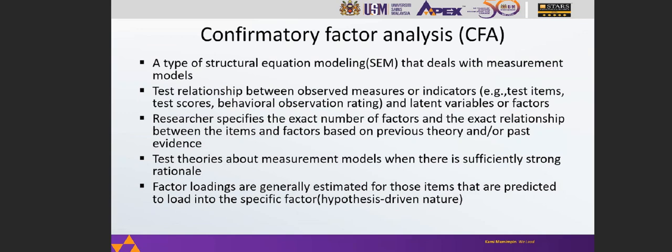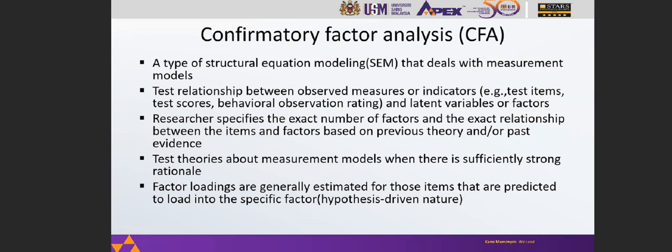So in CFA, we have to specify the number of factors before we do the analysis. In EFA, we conduct without knowing how many factors or which variable belongs to which construct or factor.